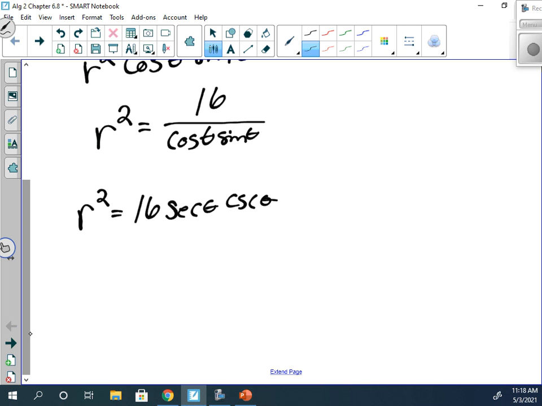And if we wanted to, we could use some of our other angle formulas, our double angle formulas, to convert that into one. But that's all we would need. Questions on this here?